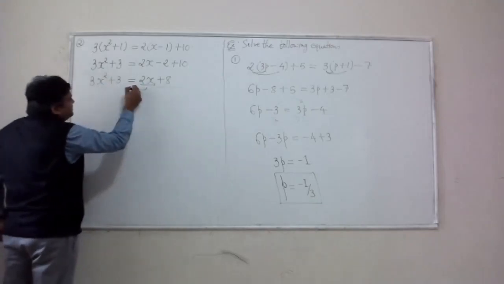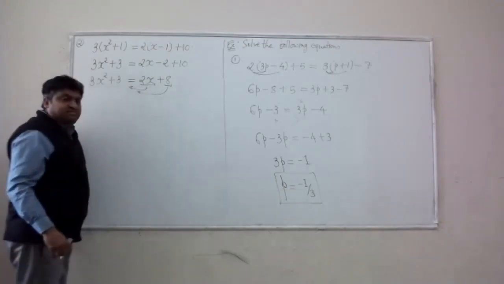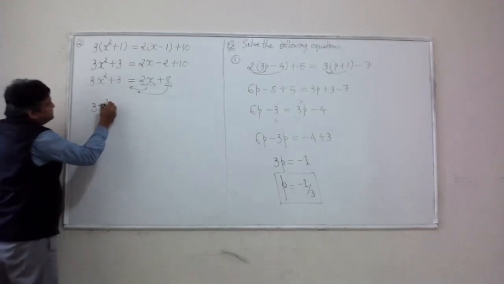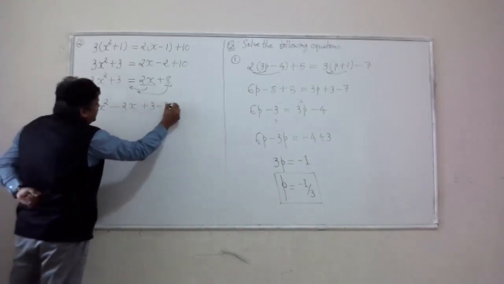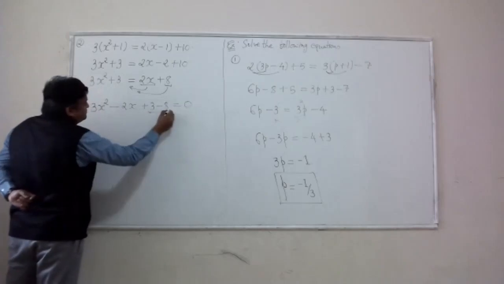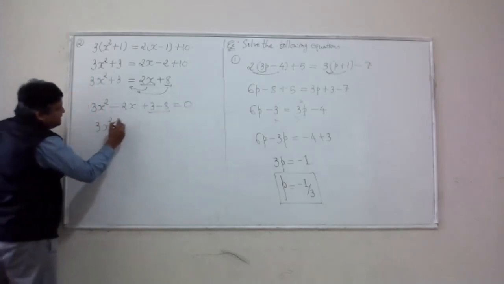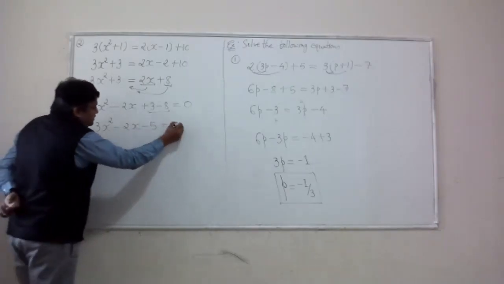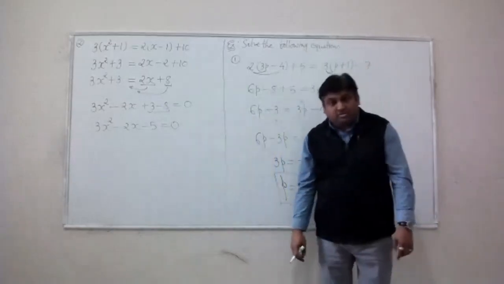Let's shift everything to the left side, right? Add negative 2x on both sides and add negative 8 on both sides. Let's take care of those two like terms. See what I get. 3x squared minus 2x minus 5. I get this quadratic equation.